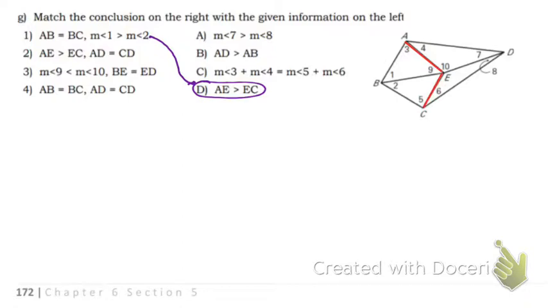And then they say AD is equal to CD. AD is congruent to CD. So those two things are congruent. So we do have a side. We have our hinge angles are going to be 7 and 8.